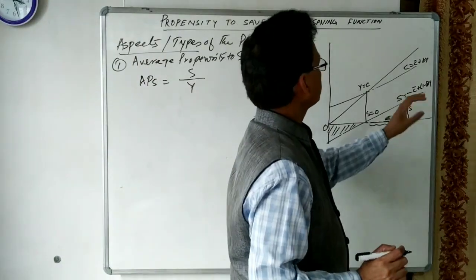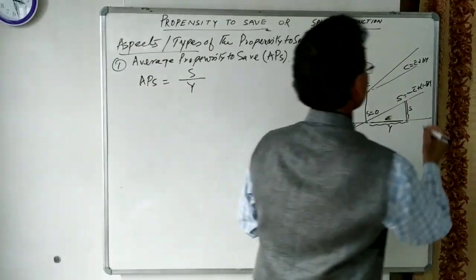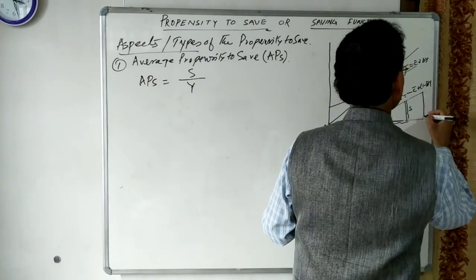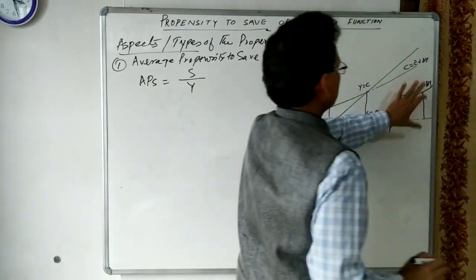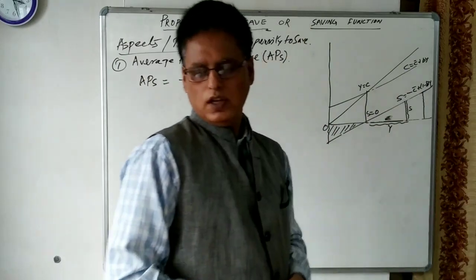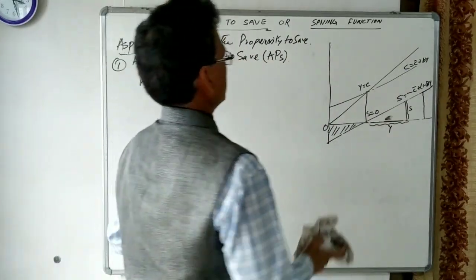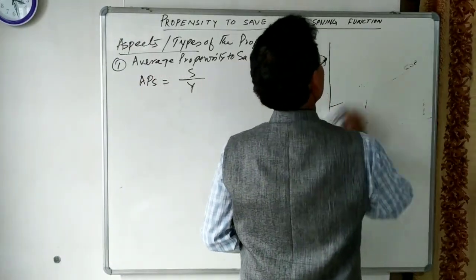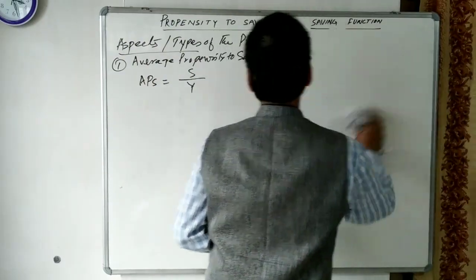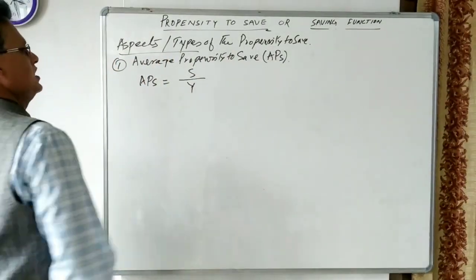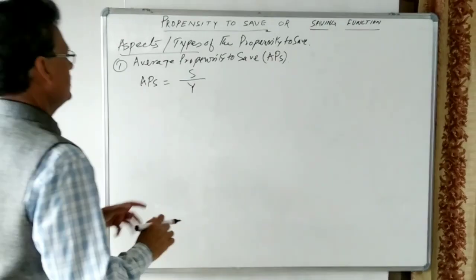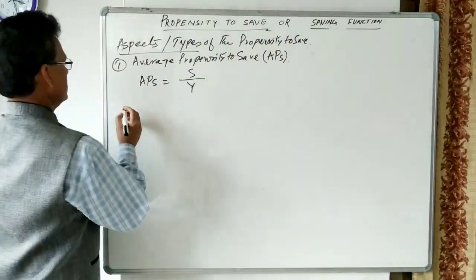Average propensity to save will go on rising. When income increases, this ratio will go on rising. So APS will increase when the level of income increases.